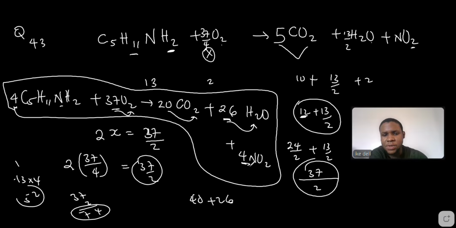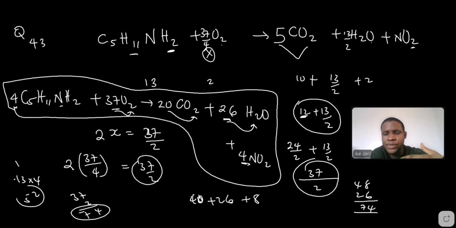And this is 4 times 2, 8. So we're hoping that 48 plus 26 should give us 74. 48 plus 26, yes, that's 74. So that shows that the whole equation is balanced. What I circled there is our answer. That's the balanced equation.